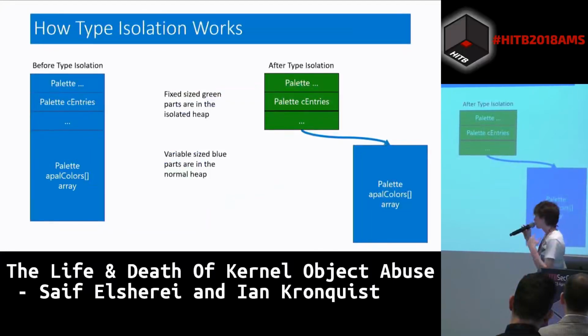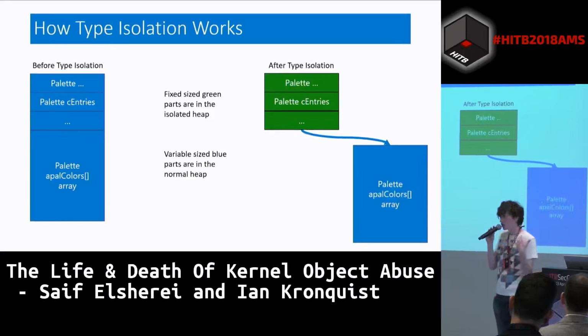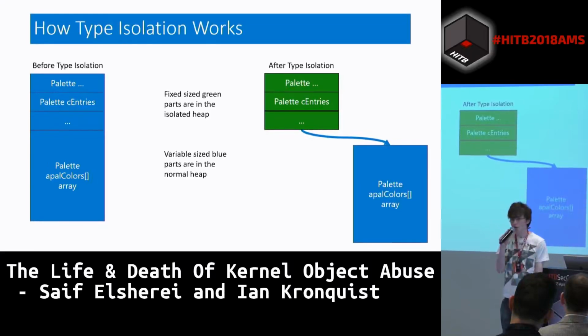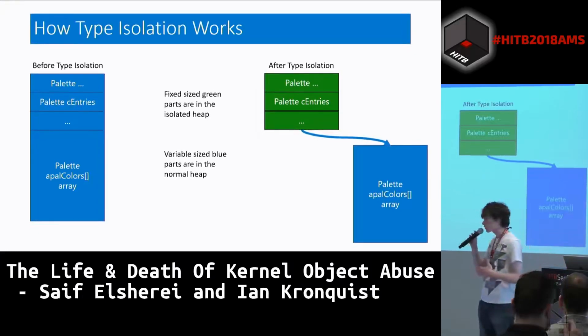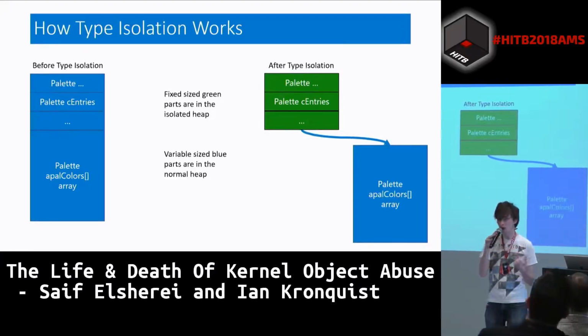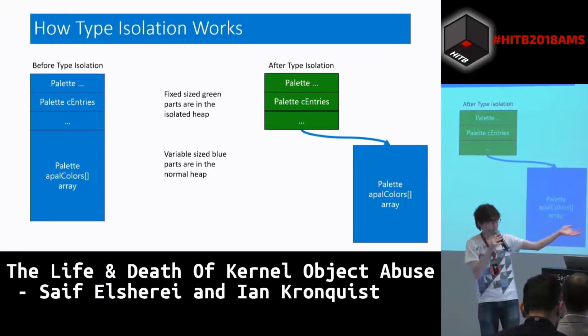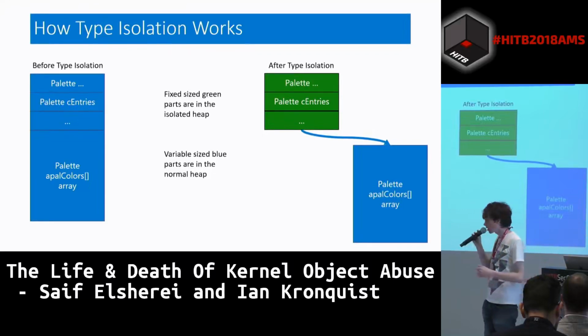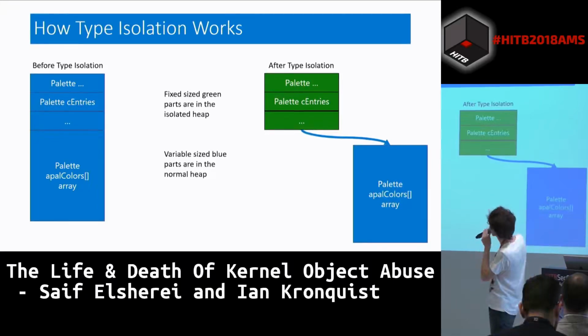So one of the problems we encountered, though, is that the bitmap object and the palette object are variable sized. You can have a big palette, a little palette, a big bitmap, a little one, and so that makes it difficult to prevent bitmaps from overlapping each other. And if we can't stop bitmaps from overlapping each other, like half of Saif's stuff still works. So we decided we're going to realize that there's a fixed size part up there in green, and there's a variable size part in blue, this array of user-defined color data.